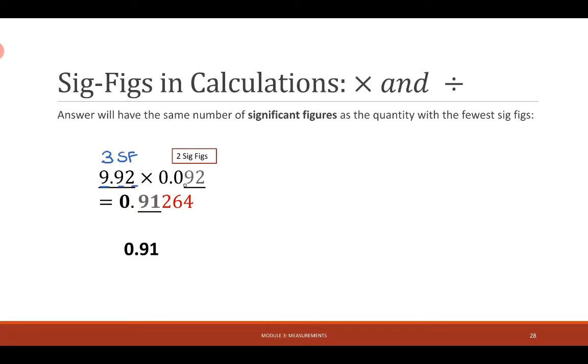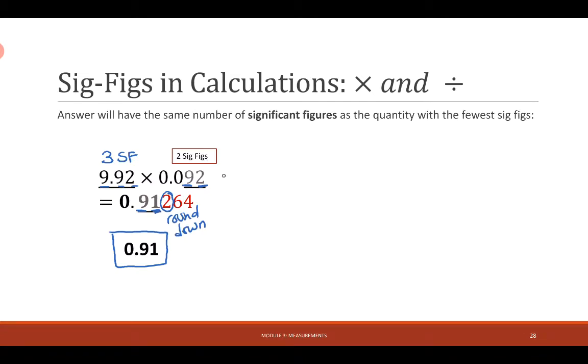This number has 2 significant figures, and so 2 is less than 3, and so our answer should have 2 significant figures. Remember, you start counting at the leftmost non-zero digit, and then you count towards the right. Then we apply our rounding rule, and that 2 tells us that we should round down, and then we would report our answer as 0.91.